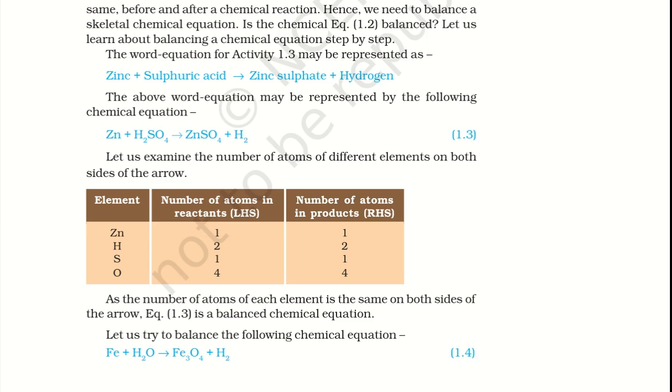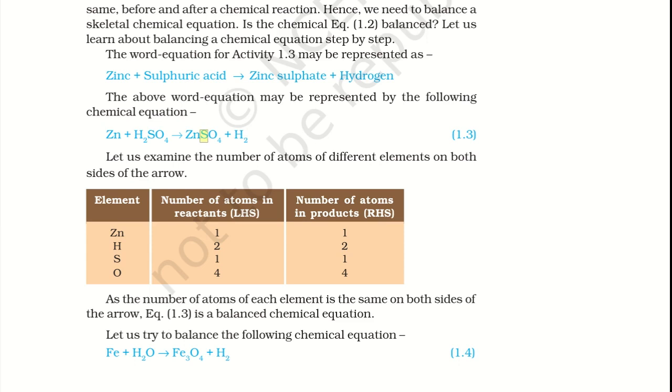On the left hand side, zinc has one atom. You can see here, it's only Zn. In the same manner, on the right hand side also you can see one atom. For hydrogen, you can see it is written H2, which means two atoms of hydrogen. On the right hand side, it also has two hydrogen atoms. For sulfur, 1 and 1.